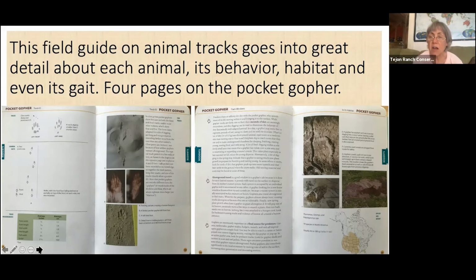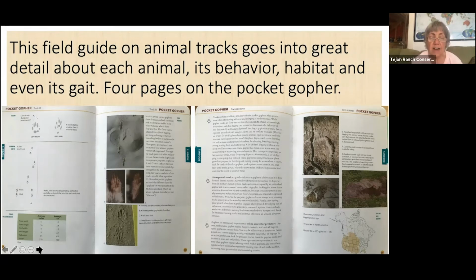So if you're walking along and you see that trail in the dirt, you're going to go, what animal made that? Well, now you know, you can look in here and you'll see, oh, that's a pocket gopher. Or if you see its tracks, upper left-hand side, the front and the rear foot. But right below it, it shows the gait. So when the animal is walking, if its gait looks similar to that, that too will help you to identify that animal.